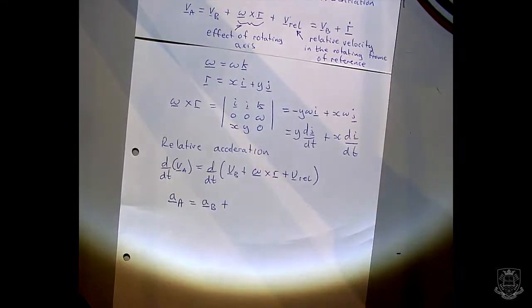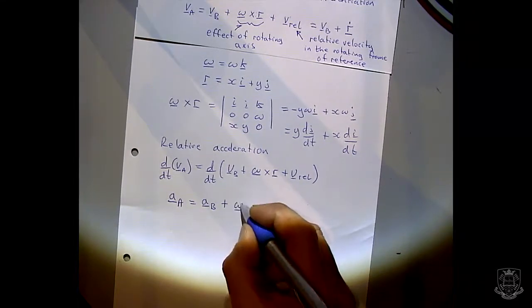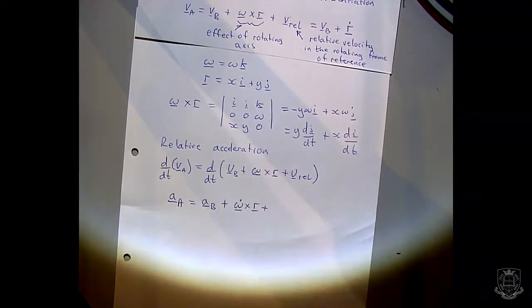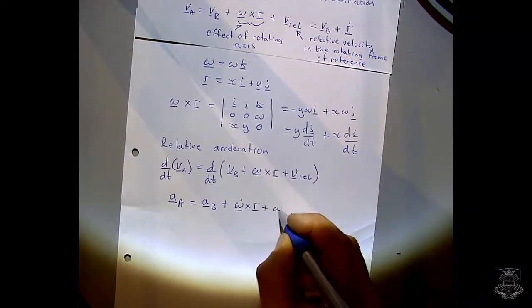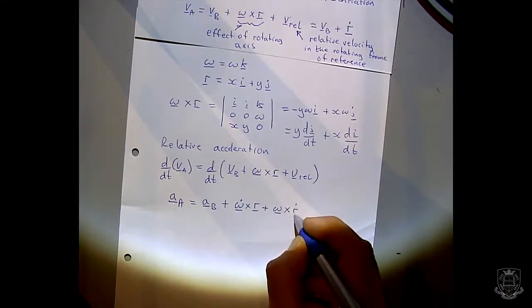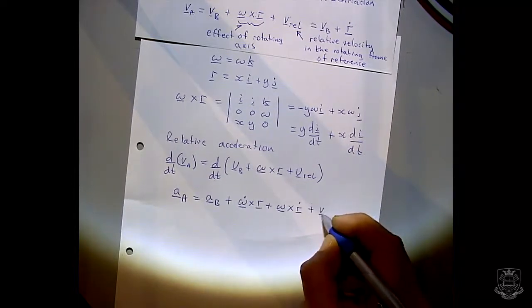Then we have to use the differentiation product rule to deal with this cross-product term. So we'll end up with omega dot crossed with r, plus omega crossed with r dot. And then we end up with V relative dot.